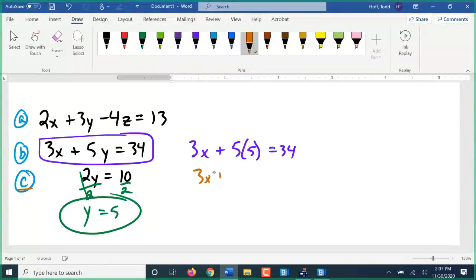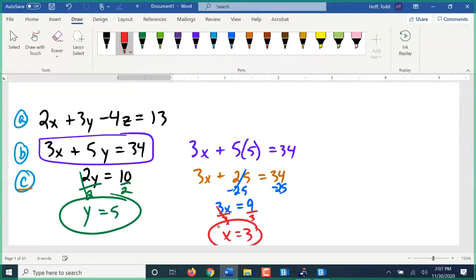Well, 5 times 5 is 25. I can solve this for x. I only have the x variable in it. So I'll subtract 25. 3x equals 9. And I'll divide by 3. Get x equals 3. So I have y equals 5, x equals 3.